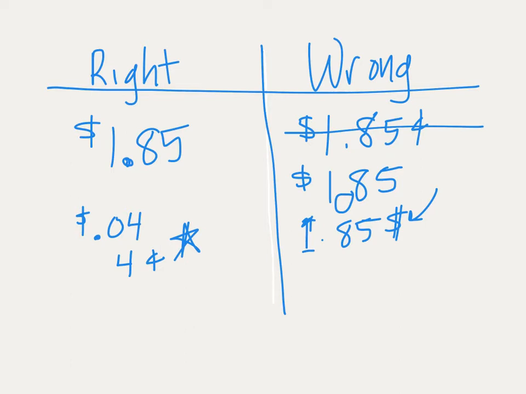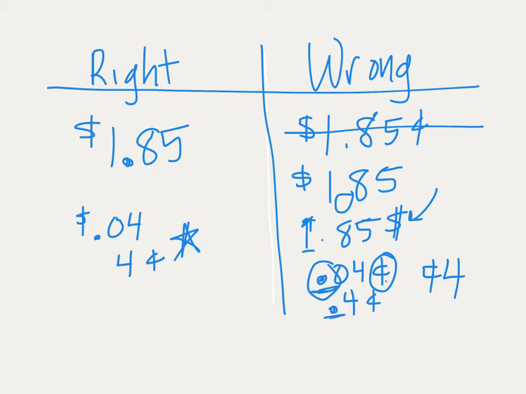The wrong ways to write it, I'm going to put over in the wrong column, would be 0.04¢. I see this all the time. Or 0.4¢. Or I'm going to put it over here, ¢4. These are all wrong. This one's wrong and this one's wrong because we're mixing a cent sign with a decimal point.